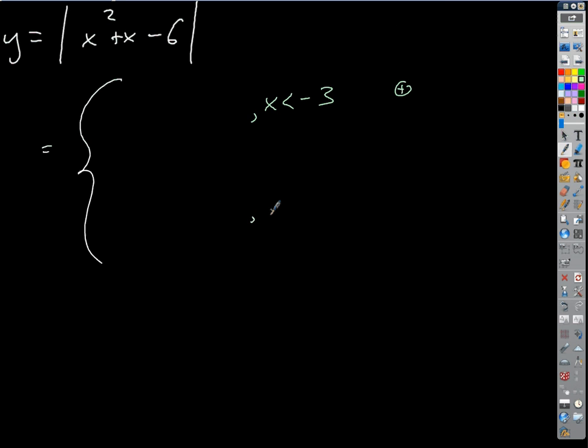If x was greater than 2, in fact, I'm gonna give myself a little more room here. Greater than 2, it was positive, and in between it was negative, right? Okay? So when x is greater than negative 3 and less than 2, it was negative, and then the zeros would be when x equals negative 3 or x equals positive 2, right?